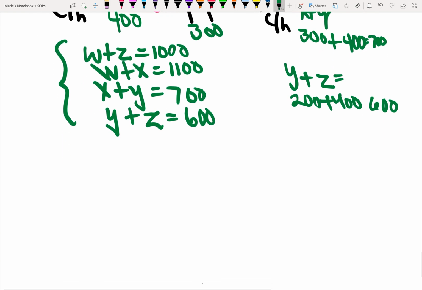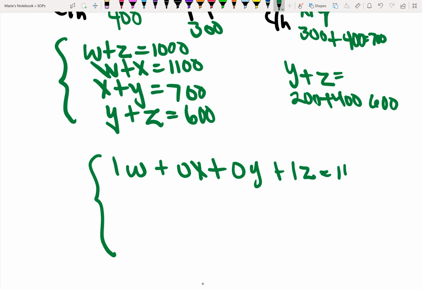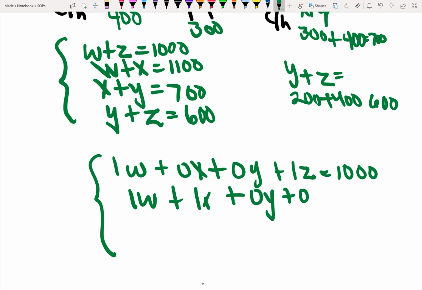And so if I were to set this up as a matrix, this is 1W plus 0x plus 0y plus 1z equals 1,000. We have 1w plus 1x plus 0y plus 0z equals 1100.